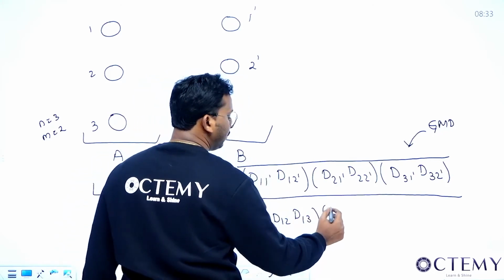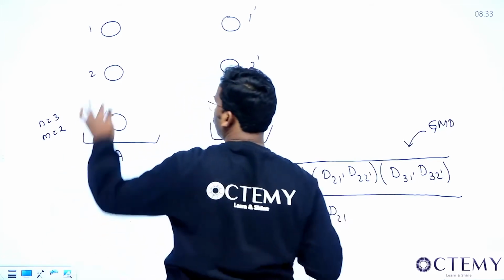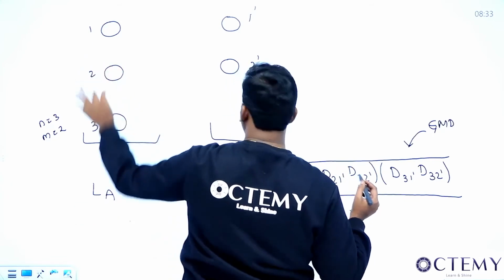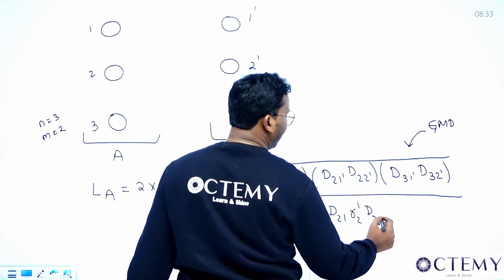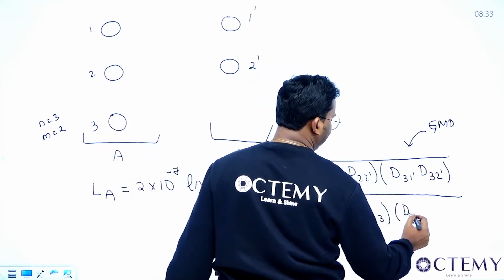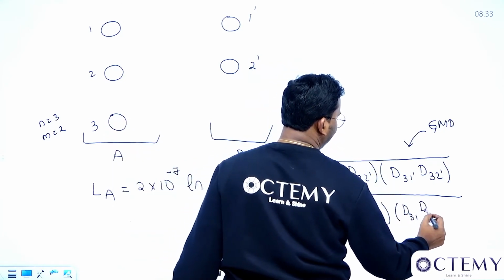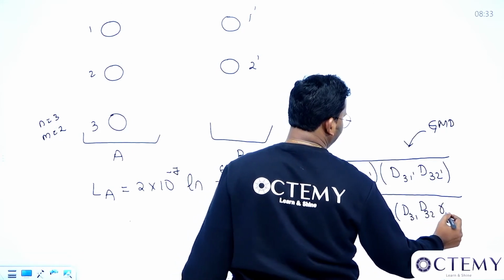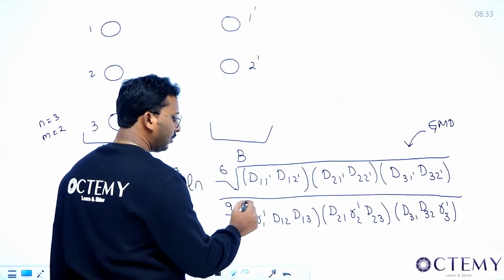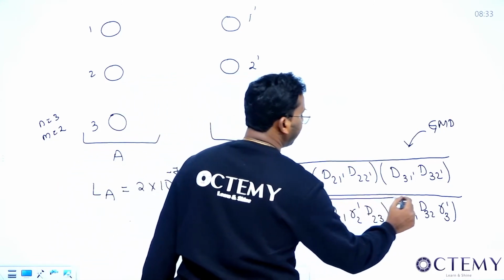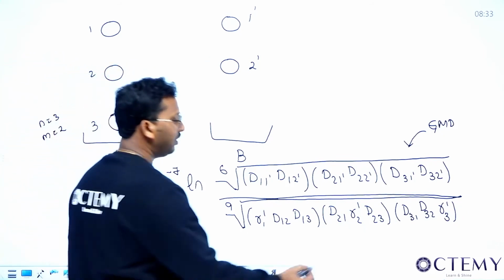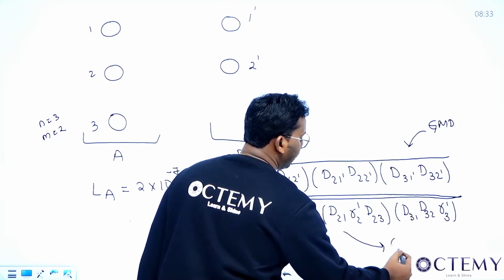Similarly, distance between 2 and 1, R2 dash, the self distance, distance between 2 and 3. Next, distance between 3 and 1, distance between 3 and 2, and R3 dash. So these are the 9 terms which you will get. So this is how you have to find the GMD and GMR. This is your GMR.